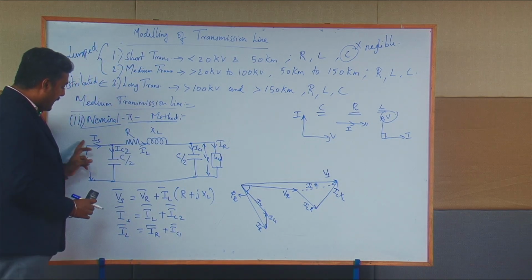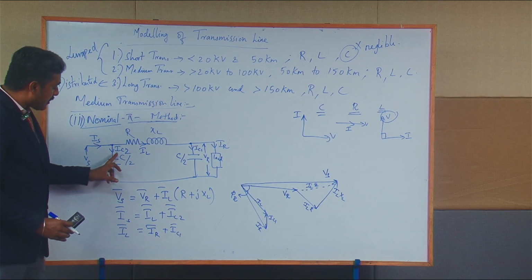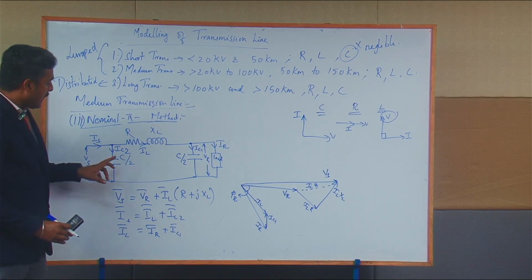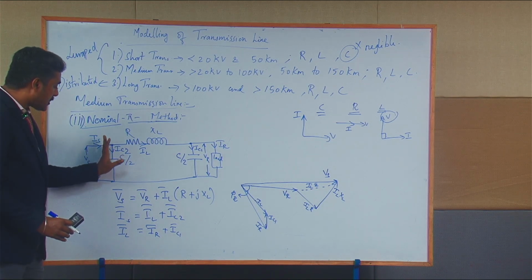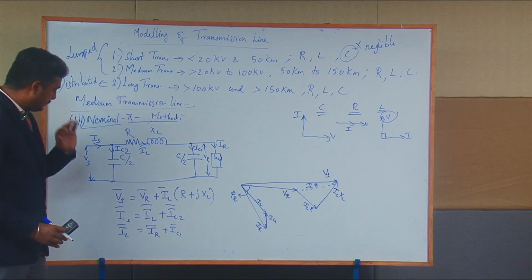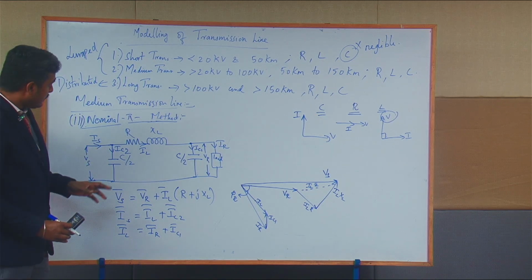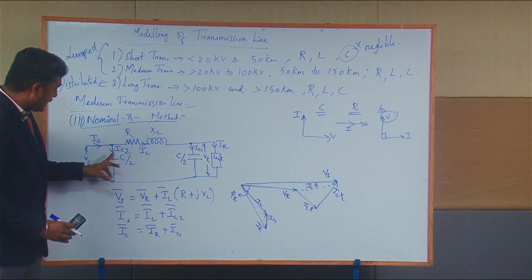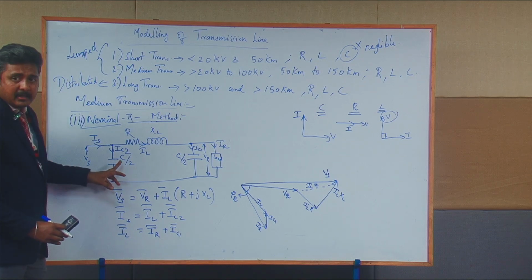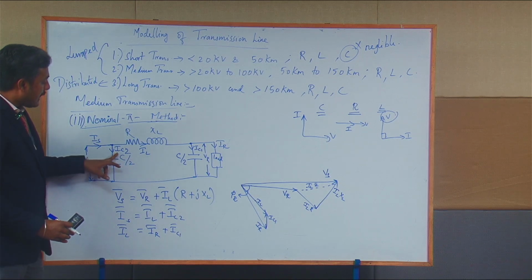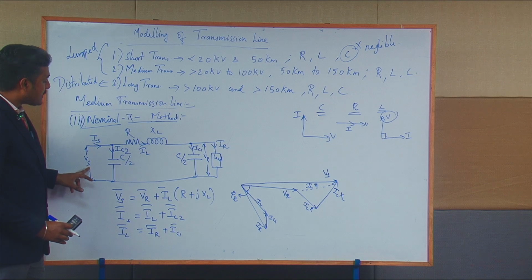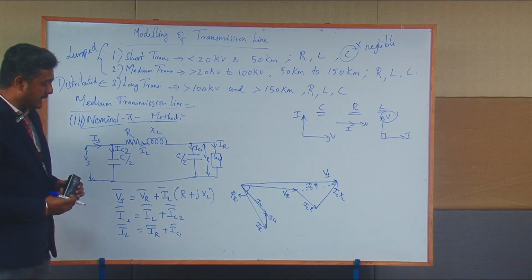After finding the Vs vector, you should draw the IC2 vector. The IC2 vector is the current flowing in this capacitance and the voltage across this capacitance is Vs. If you relate the IC2 with the Vs, Vs lags the IC2 by 90 degrees, or IC2, the current, leads the voltage by the angle of 90 degrees.